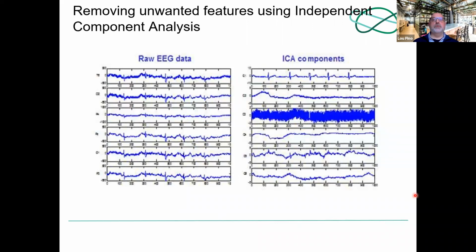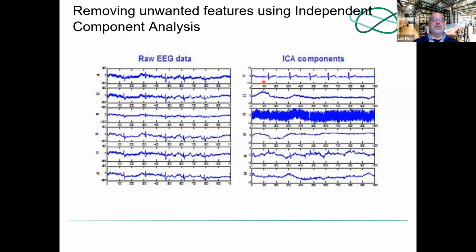So EEG also picks up sources of unwanted biological noise. Here's an example of raw EEG contaminated by muscle noise and a heartbeat. Independent component analysis is a method used in EEG to remove unwanted artifacts. It's a method of blind source separation that works to recover the original sources that have been linearly mixed.